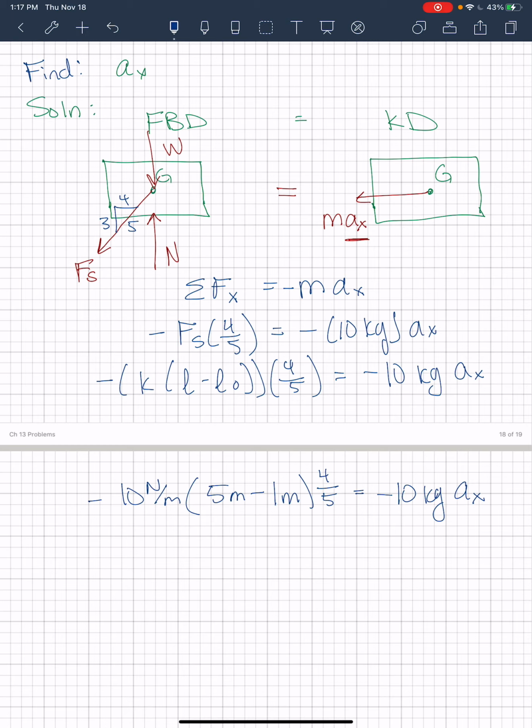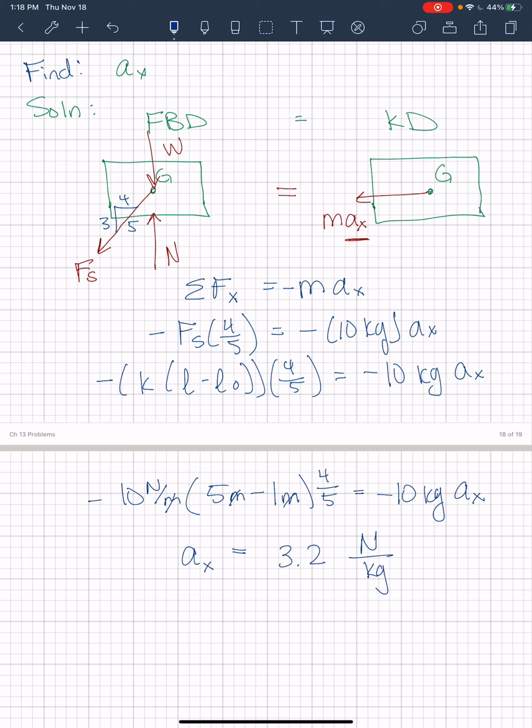Then we just need to do some multiplication. And we end up getting acceleration in the x direction equals, let's see, this meter cancels out, so we get newtons divided by kilograms as the units. And we get 3.2 newtons per kilogram.